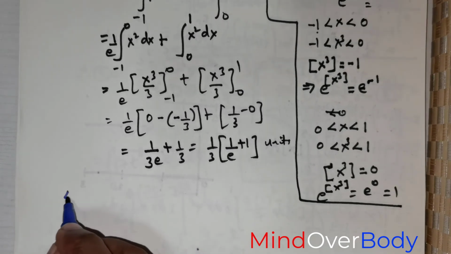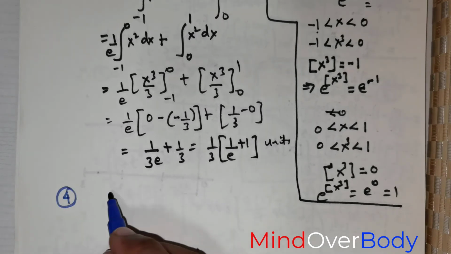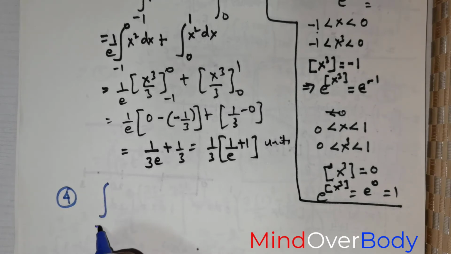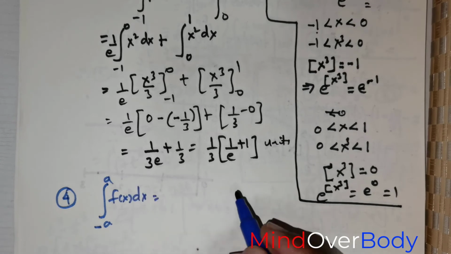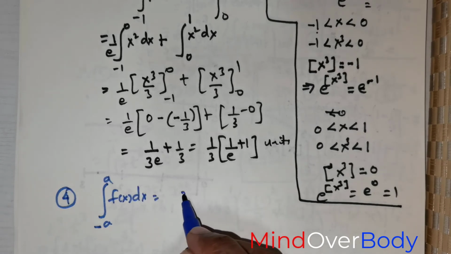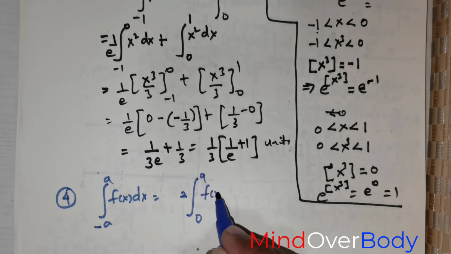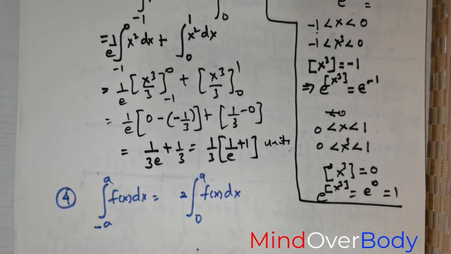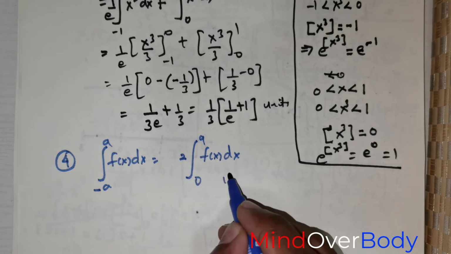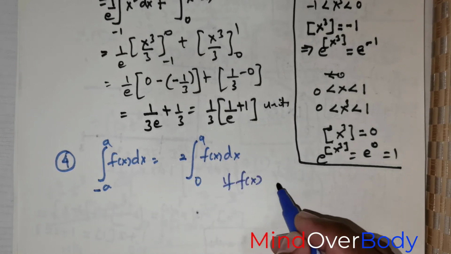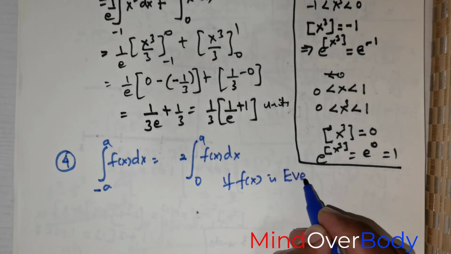Now, this is another important property that we will have to learn, which is integral negative a to a f of x dx is equal to, now most of the times you would say it is 2 times integral 0 to a f of x dx, but this is incorrect because this will only happen if f of x is even.